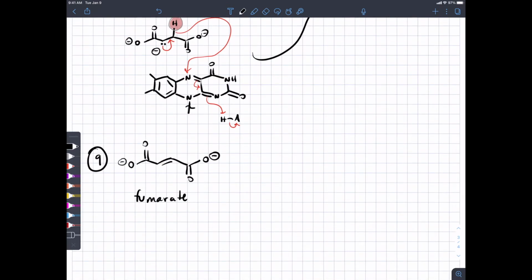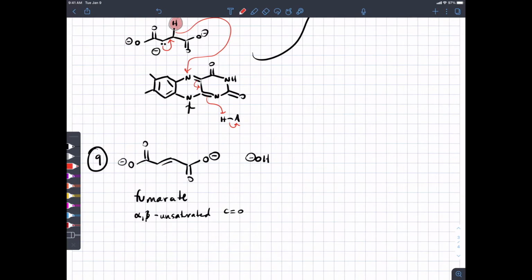And we're going to add water, or OH minus is fine. And we're going to do, again, conjugate addition of a nucleophile to the beta carbon of an alpha beta unsaturated carbonyl compound. Notice that both of those carbons are at the same time alpha and beta, so it doesn't matter which one.